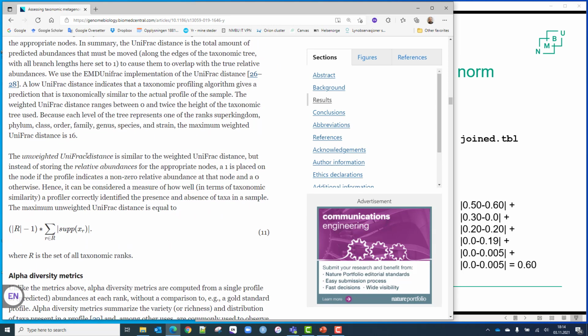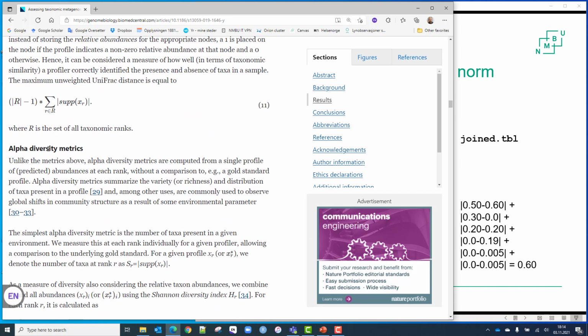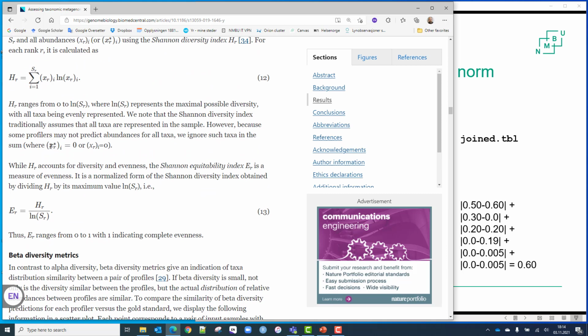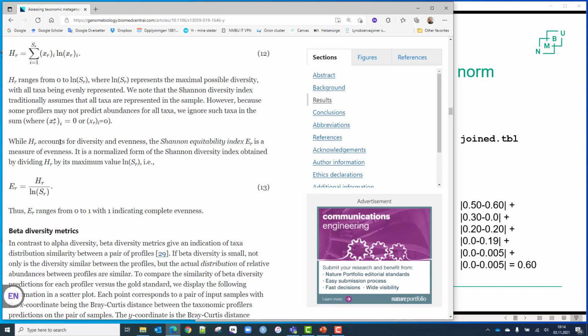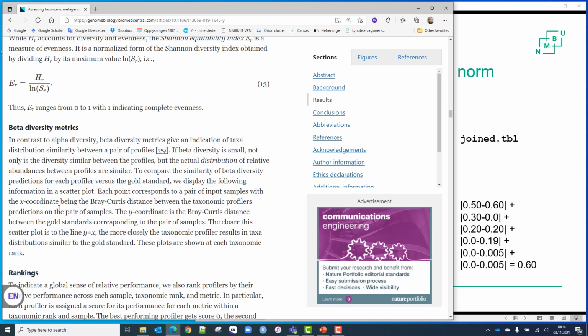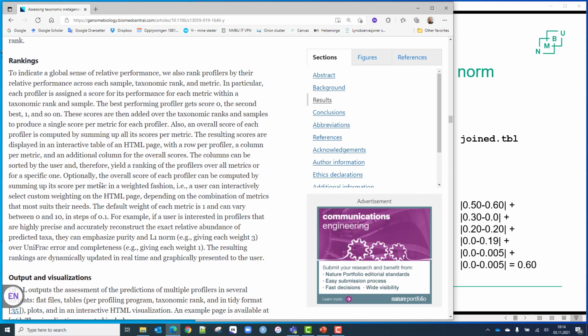And then I think we are happy. These alpha diversity metrics we don't talk very much about because they are not really very useful for what we are doing here. And beta diversity metrics, that's exactly what we have been looking at now. Both the L1 norm, the Bray-Curtis, and the weighted unifrac are examples of these beta diversity metrics.